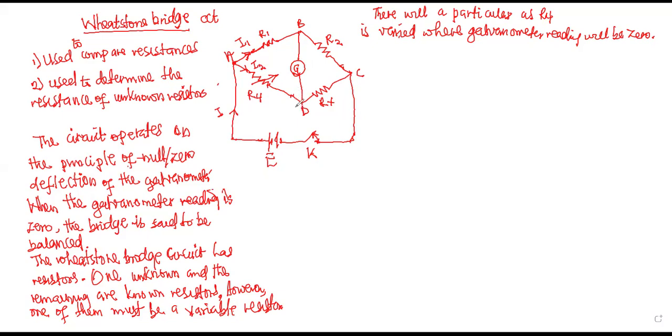Now, when the galvanometer reads 0, when G is 0, what it means is that no current flows through the galvanometer.